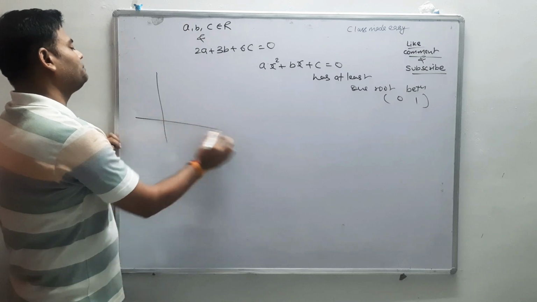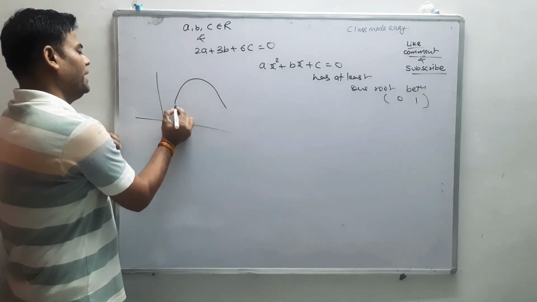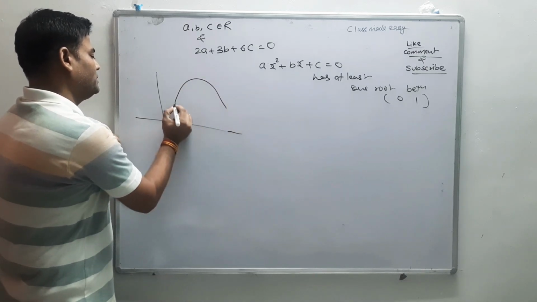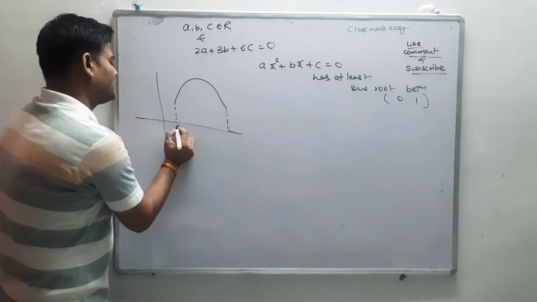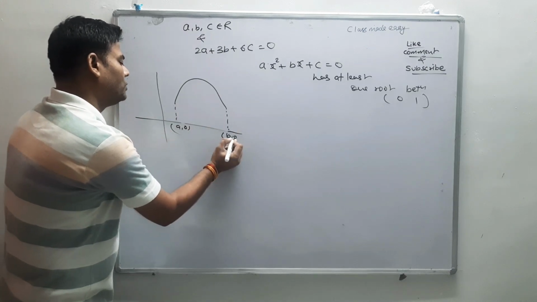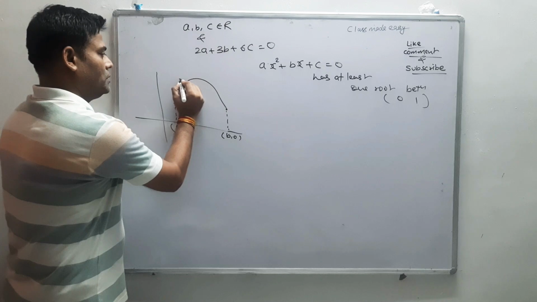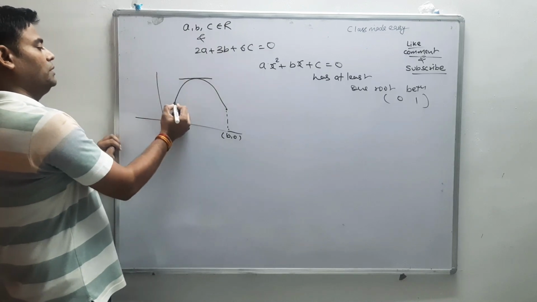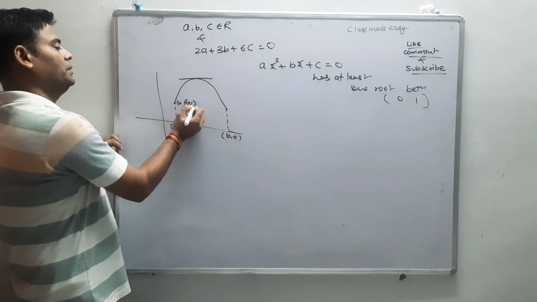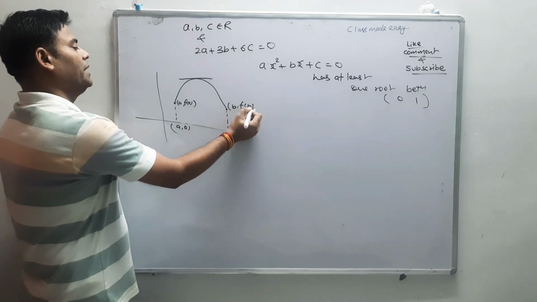One function is there like this, and on the extreme points you will get the same value, like this is a, this is b, f of a and f of b. Any function is there.